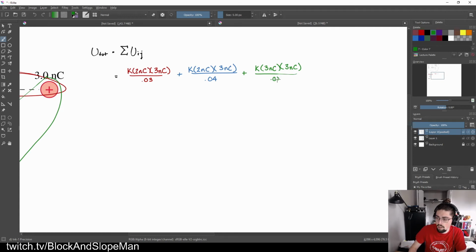Now, I'm going to show you how I might try to speed up my calculations and avoid any spots that I might get myself a little bit mixed up on my calculator. In every single one of these, I've got K times 3 nanocoulombs times some other stuff. Let me pull out the K and the 3 nanocoulombs. And even more than that, let's think about this.